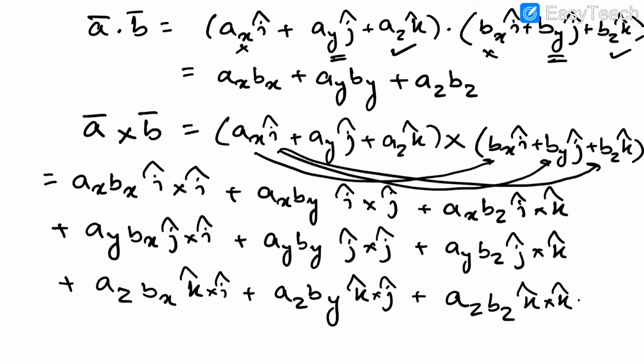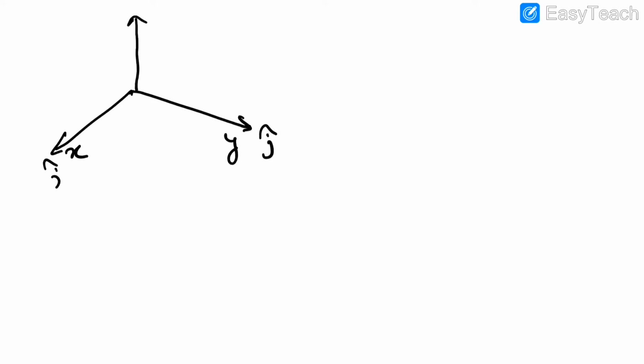Now what is the cross product of these unit vectors? These unit vectors we know are mutually perpendicular to each other, right? So we'll just see. We'll draw it. i cap is pointing along x, j cap is pointing along y. This is a right hand coordinate system, right hand Cartesian coordinate system.